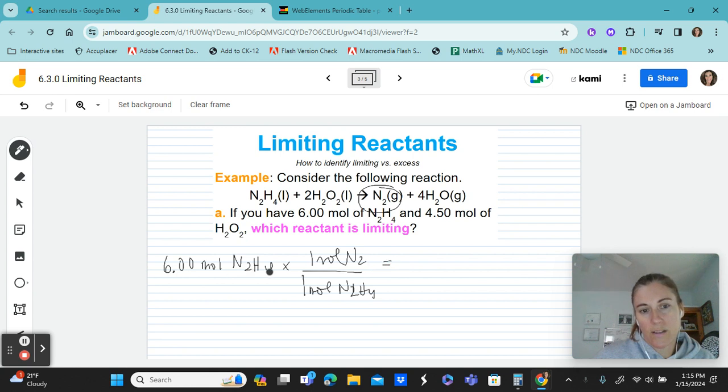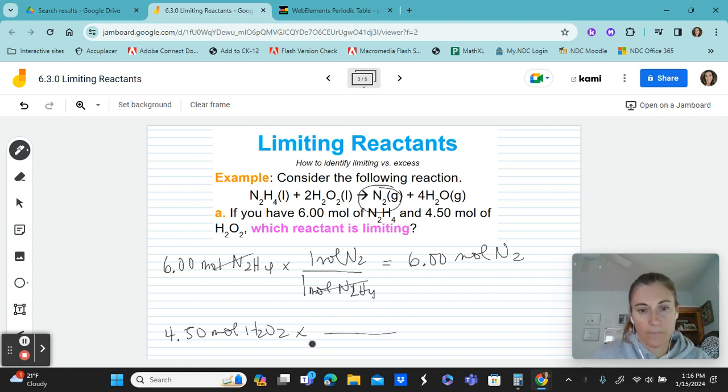If I have 6 moles of N2H4, that means I'm going to have 6 moles of N2. I'm going to take the other given, 4.5 moles of H2O2, and do the same thing, solving for N2 as well.